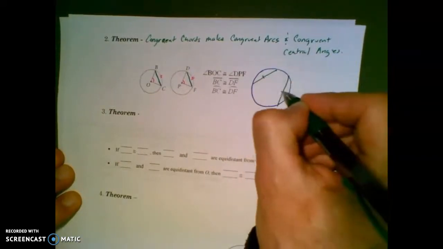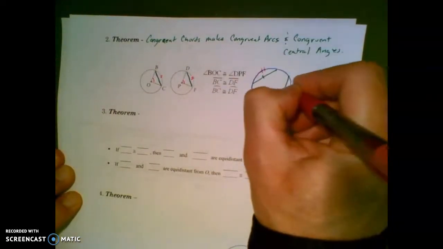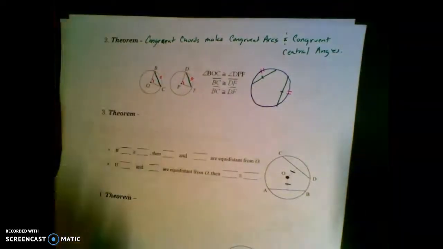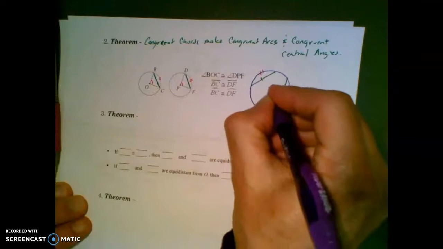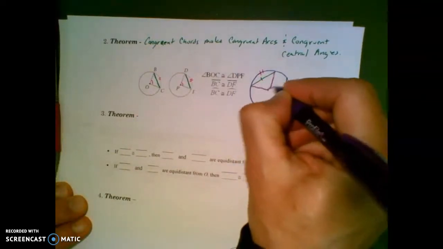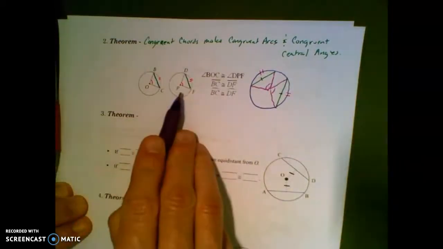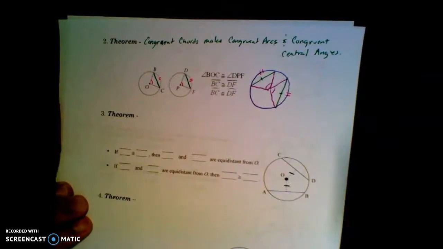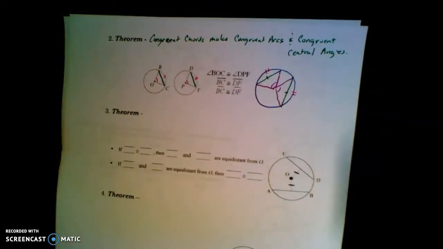So again, if they're the same length, that means these arcs here are going to be the same measure. And then also the central angles are also going to be congruent. Do those in purple. So if that's my center, that angle will be congruent to that angle right there. So it can happen in two congruent circles or in one circle itself. So that's one theorem. Congruent chords make congruent arcs and congruent central angles.